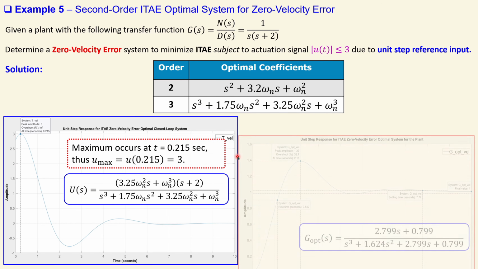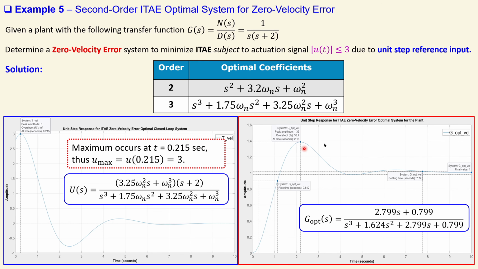And this is our plot for just our optimal system we have designed, considering the zero velocity error for this criterion. You see again the final value is 1, but the overshoot is much higher, almost 39, and also the rise time is smaller in this case, and the settling time is also much larger.